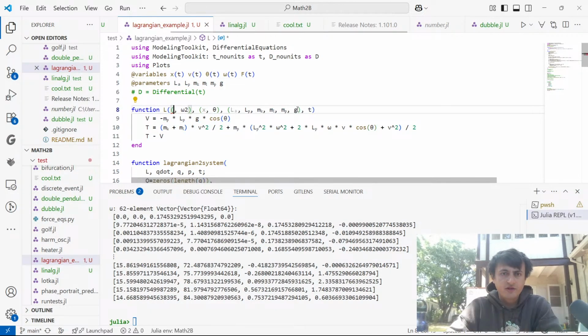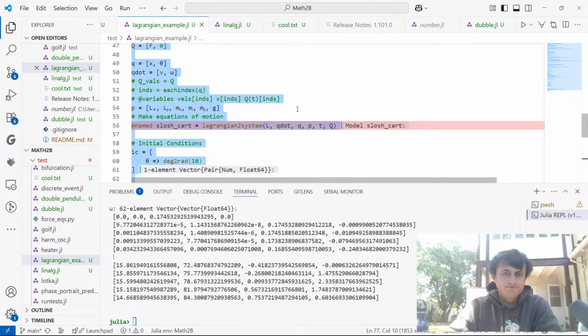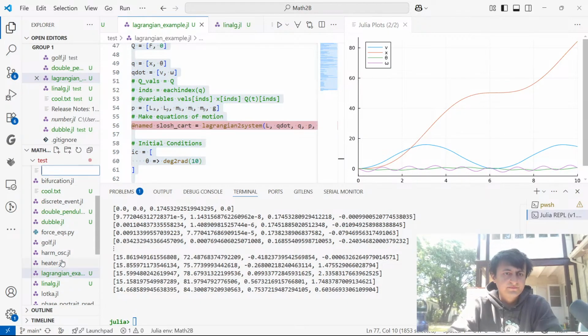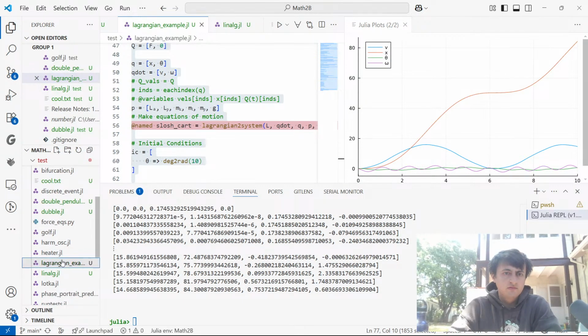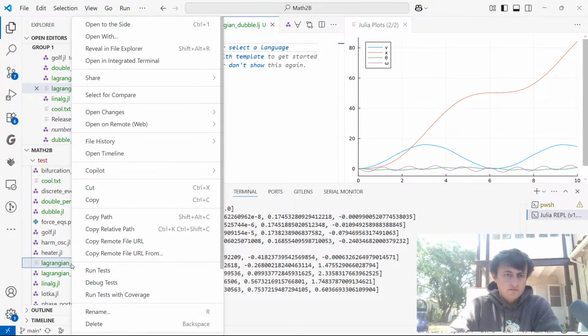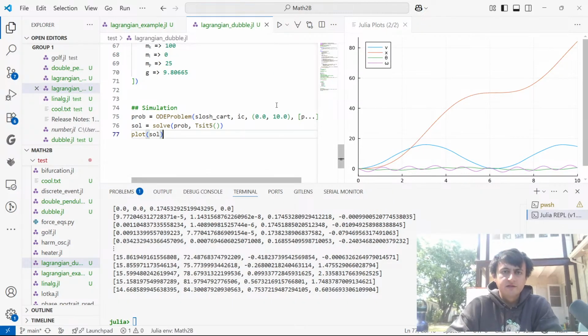You know what? Actually, before I change all this, let's just make sure that this runs. Okay, great. So now let's do Lagrangian double. Rename. All right.